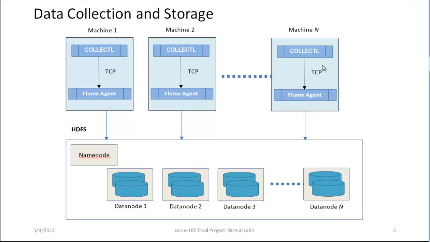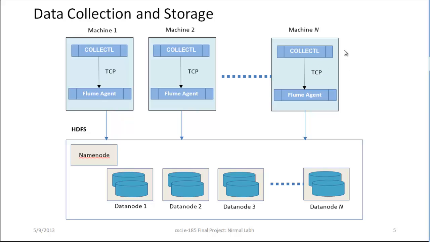It's got a good amount of collection, and the plus side is it's very lightweight. It does not take too many OS resources. It has a pluggable framework where I could have customized collectors added on to have more data points.